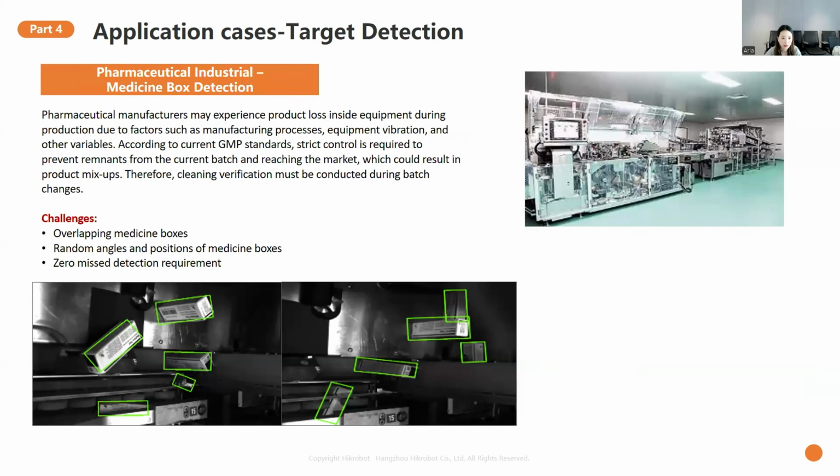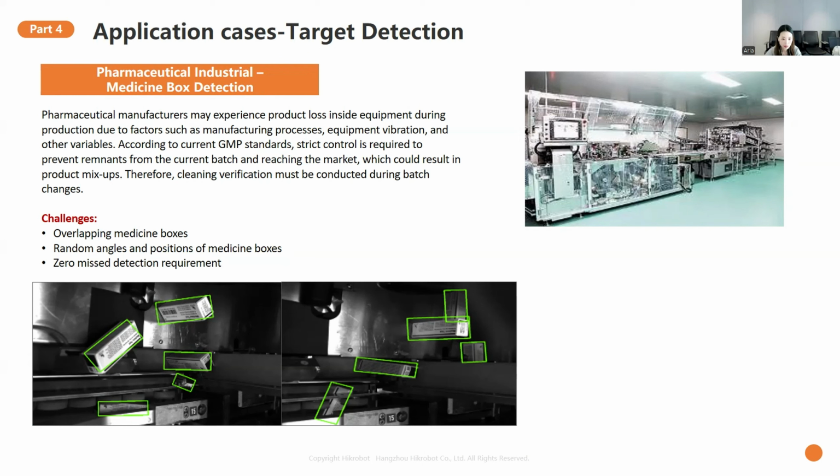The second application case is the target detection algorithm in the pharmaceutical industry, to recognize the medical boxes and to count the quantity of each of them. Pharmaceutical manufacturing may experience product loss inside equipment due to reasons such as the manufacturing process, equipment vibration, and other variables.